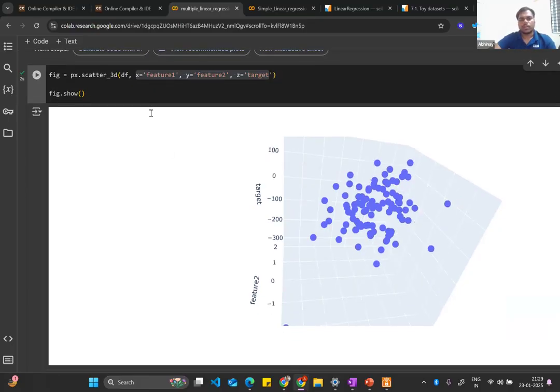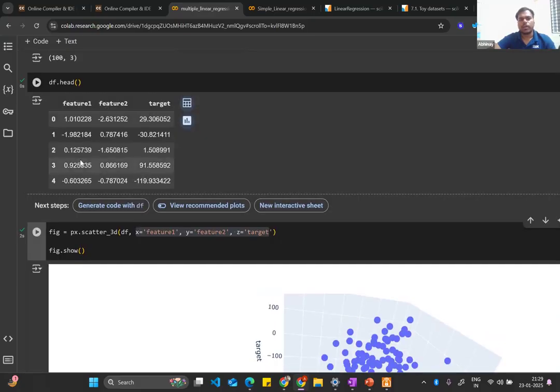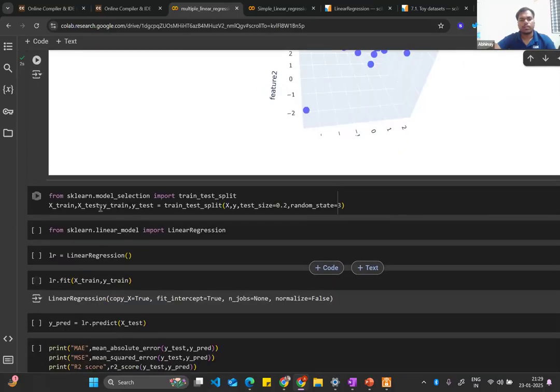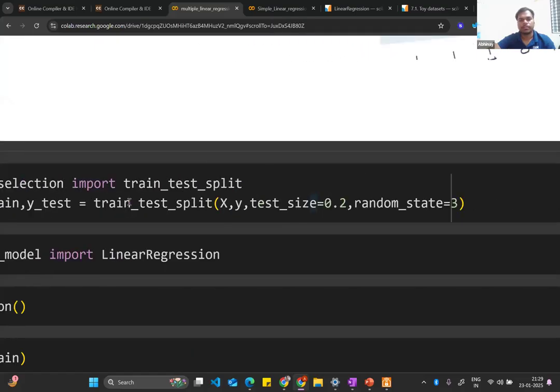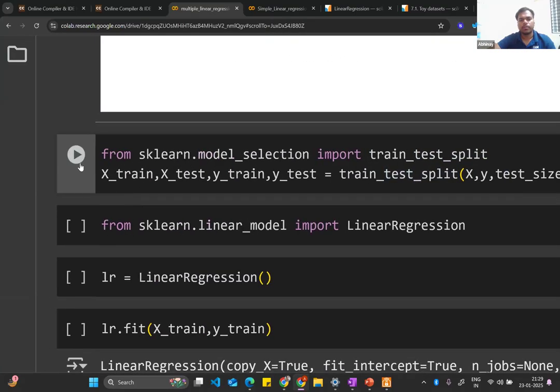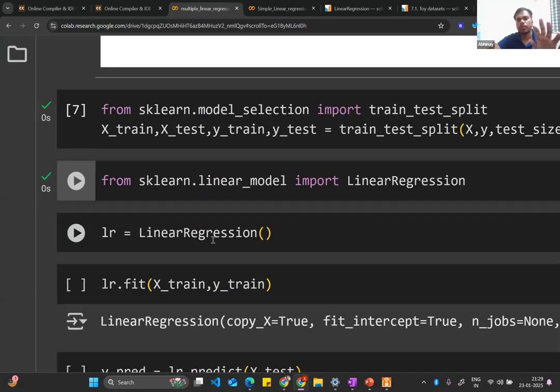Now the same thing again we will do. We will divide this data set into two parts, x and y. We will split our data set again using sklearn. We'll import the linear regression model. Everything is the same, nothing has changed.